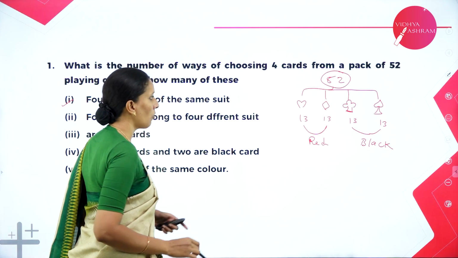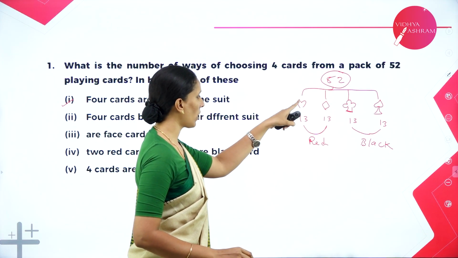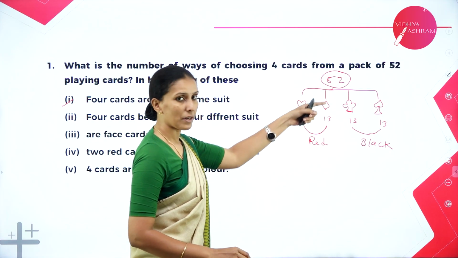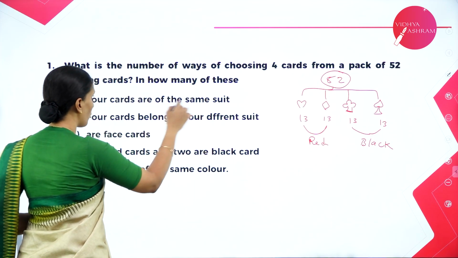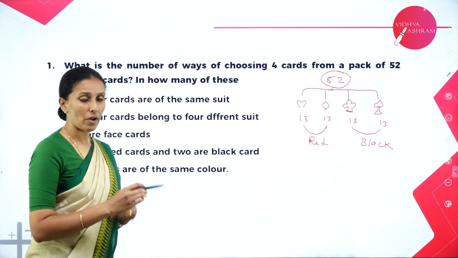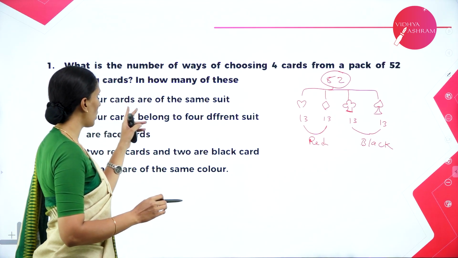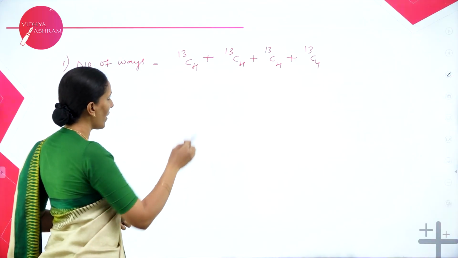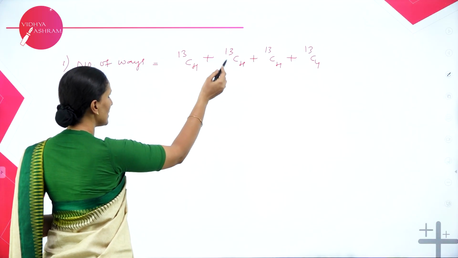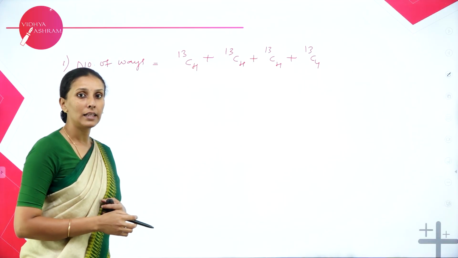So therefore it is plus 13C4 plus 13C4 plus 13C4. So that means out of 13 hearts, I need to choose 4 hearts, or out of 13 diamonds, I need to choose any 4 diamonds which are of the same suit. Similarly, the other 2. So I can choose any one suit where it contains the 4 cards of the same suit. So that's why I'm using 13C4 plus 13C4 plus 13C4 plus 13C4.